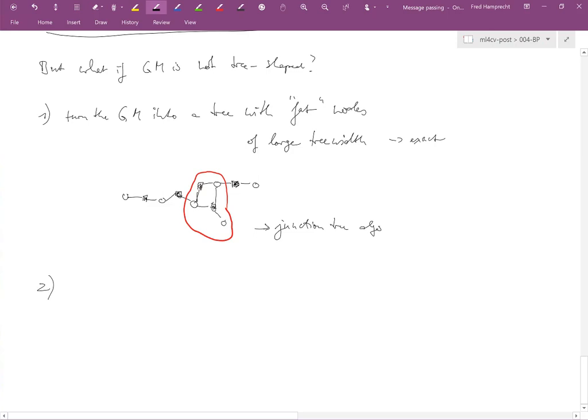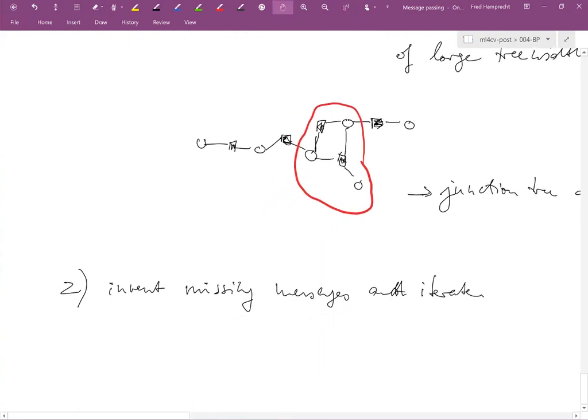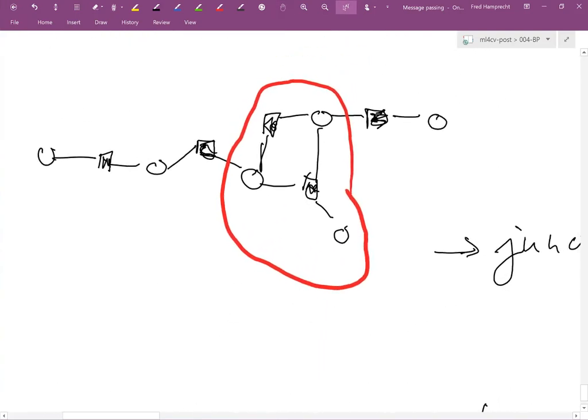Secondly, if I don't insist on being exact, I can invent missing messages and iterate. So for example here, let's say this one here is the root.